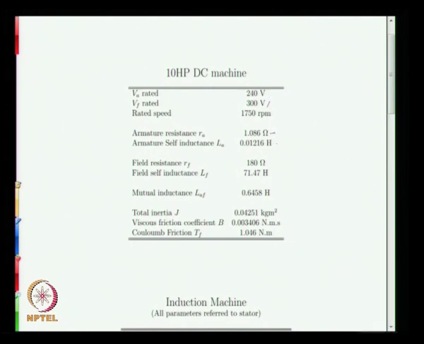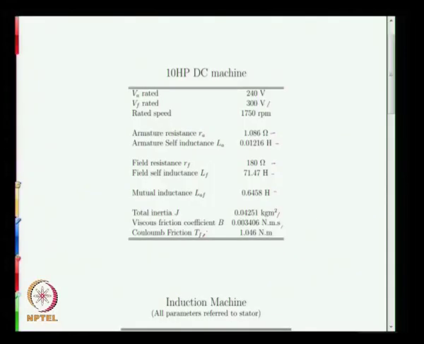The armature resistance and self inductance are given, field resistance and self inductance are given, and the mutual inductance between the armature and field is also given. Along with that, inertia and viscous friction coefficient are given.